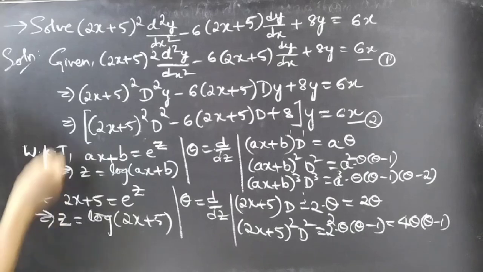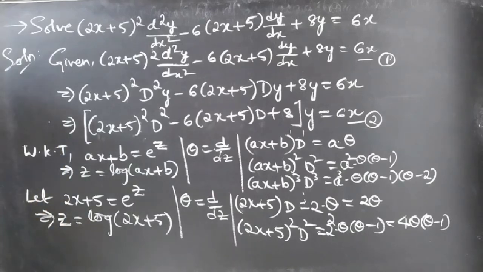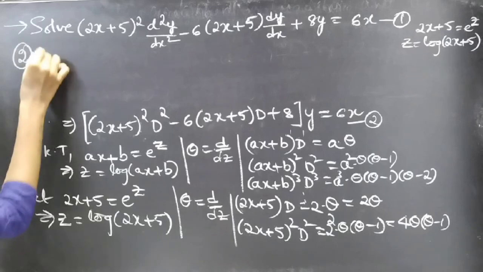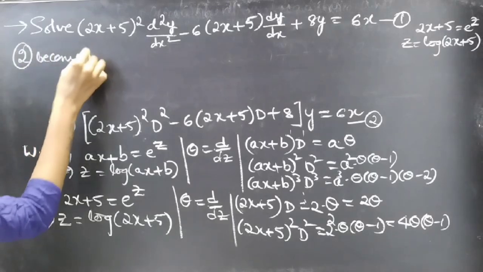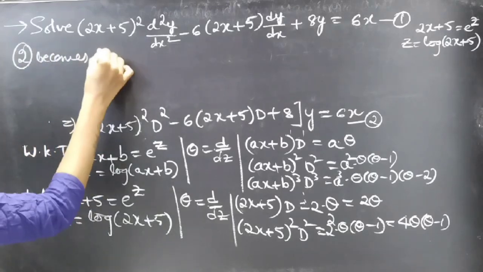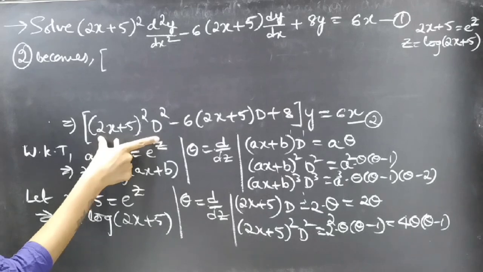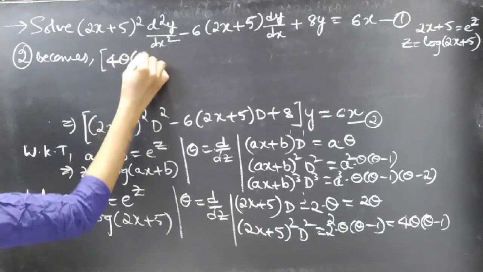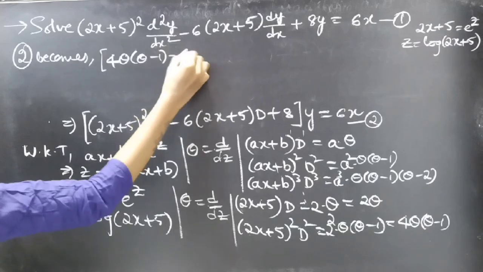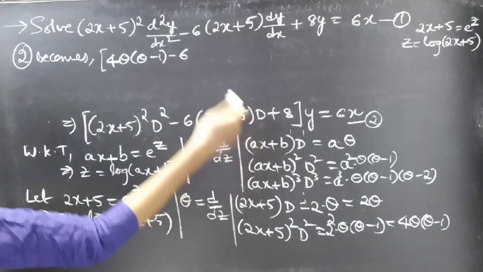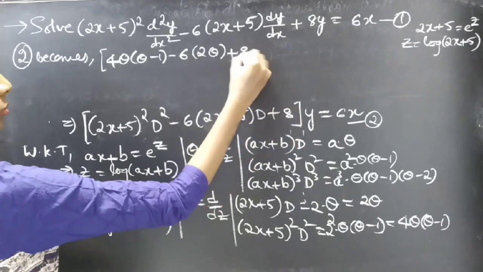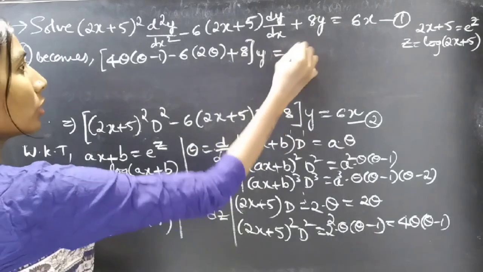Now equation 2 becomes [4θ(θ−1) − 6(2θ) + 8] y = 6x.